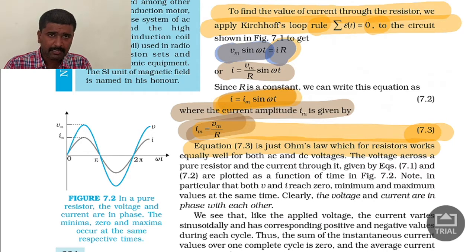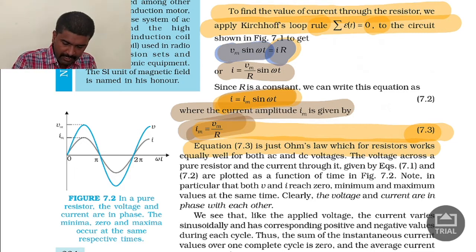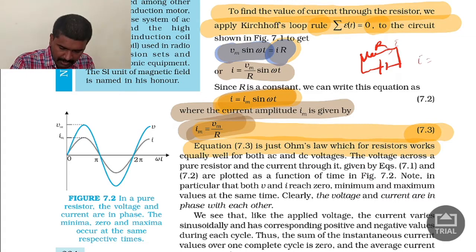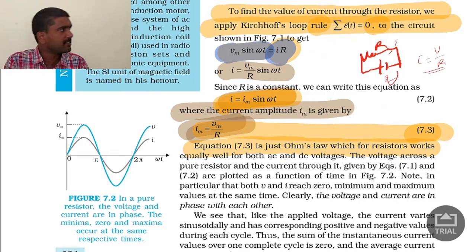In the direct case, the current going in the circuit is V by R. So V by R is the current in the circuit.